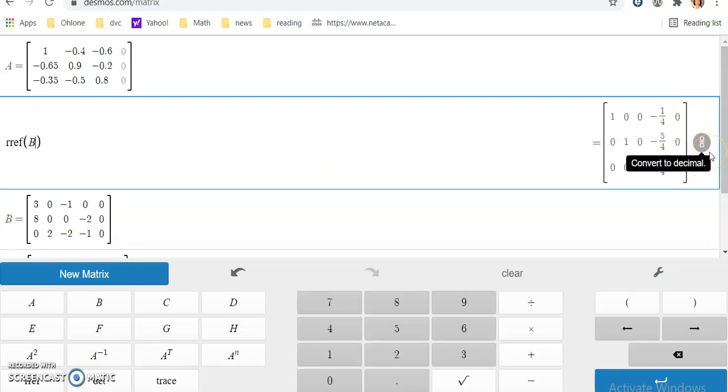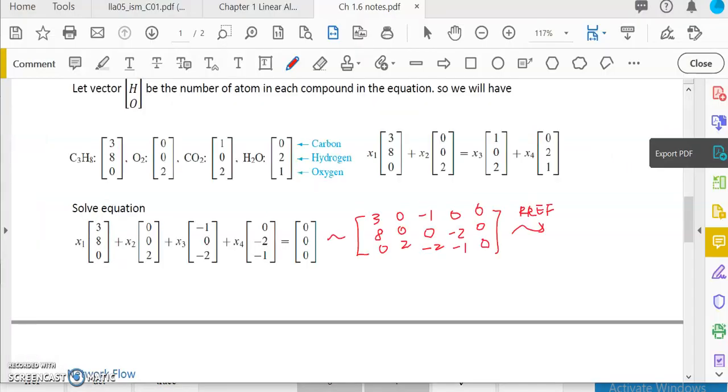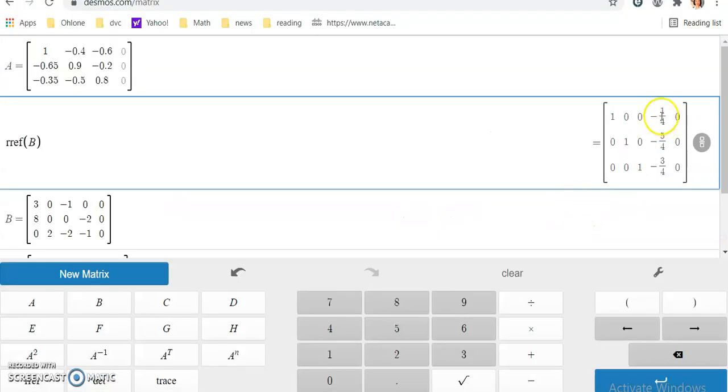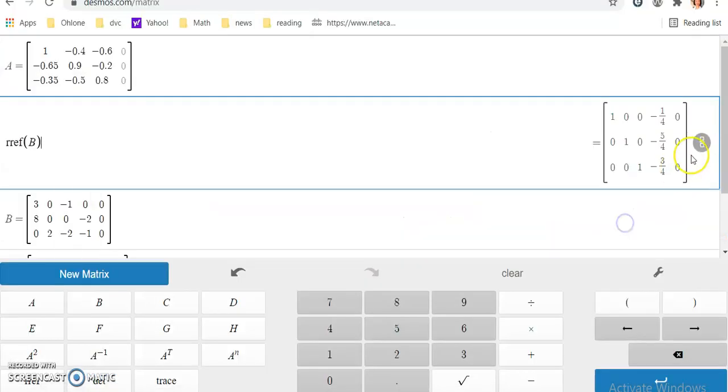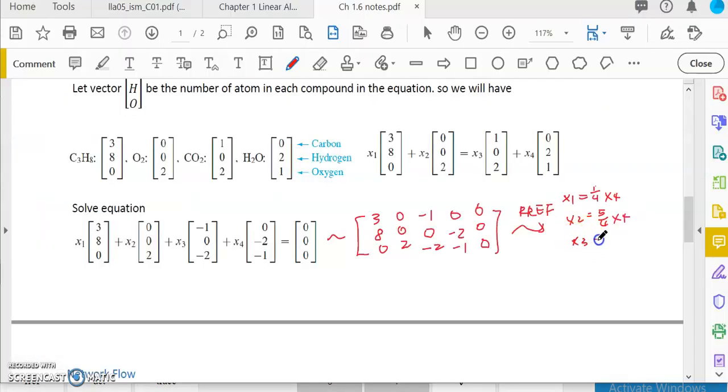So x1 is equal to 1/4 of x4, right? This is x1, x2, x3, x4. x2 is 5/4 of x4 when you move it over. x3 is 3/4 x4.